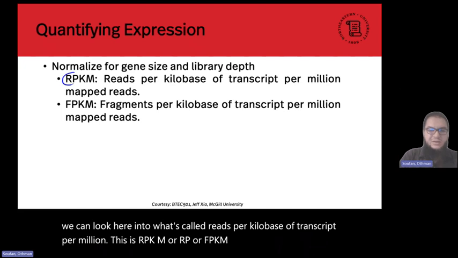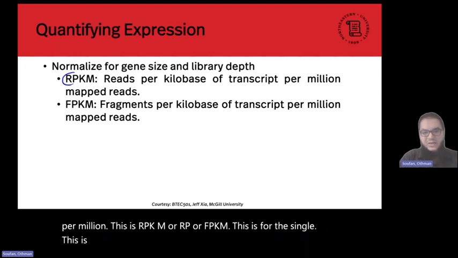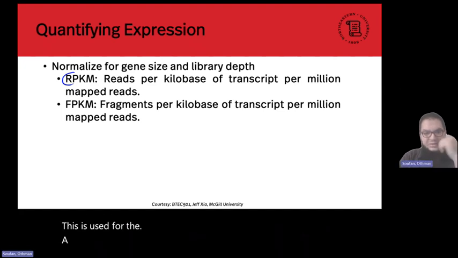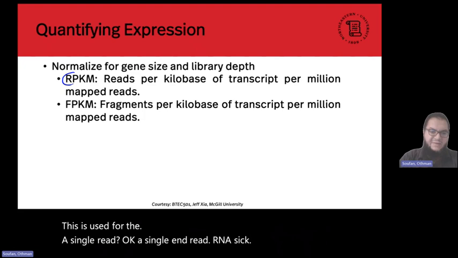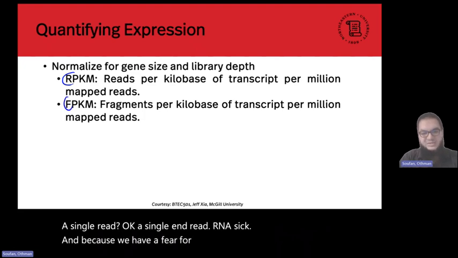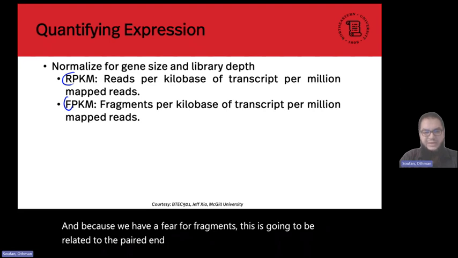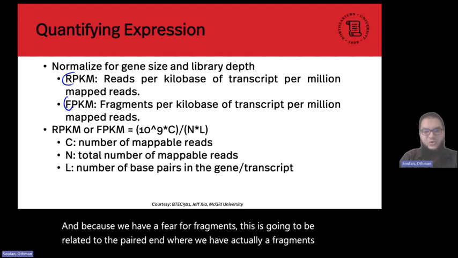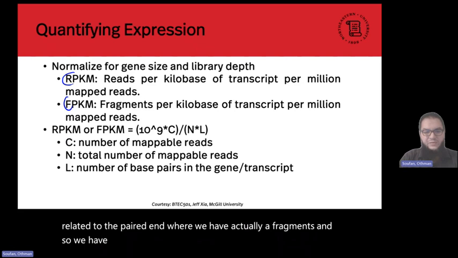RPKM is used for single-end read RNA-seq, and because we have F here for fragments, FPKM is related to paired-end, where we actually have fragments. And so we have the formula for that.